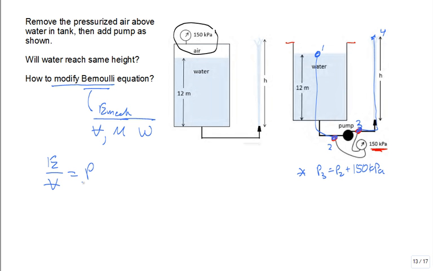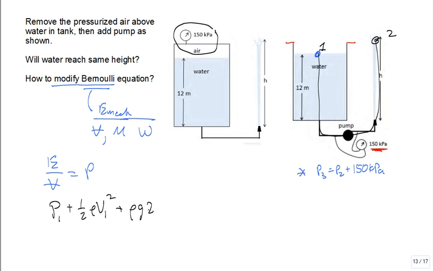So think about this: I start at state 1, and I'm just going to go all the way through to the final state 2. And I'll say it's the flow energy at 1 plus the kinetic energy at 1 plus the potential energy at 1.